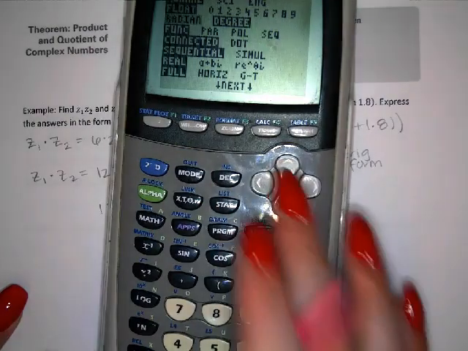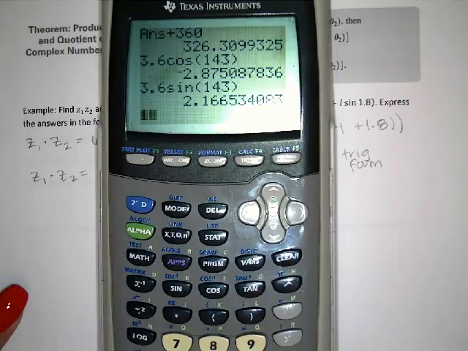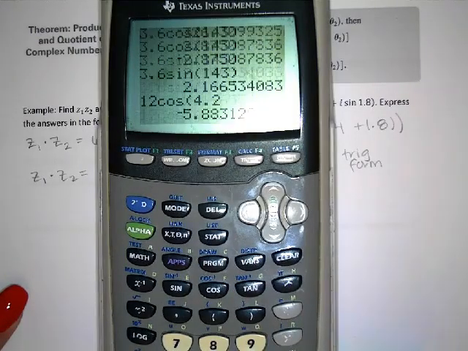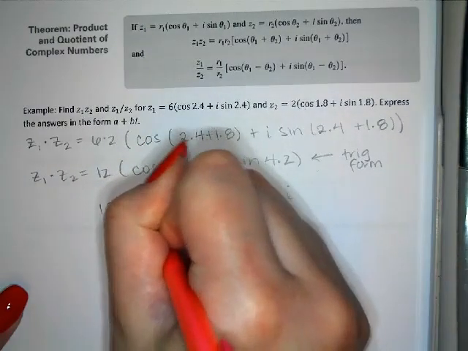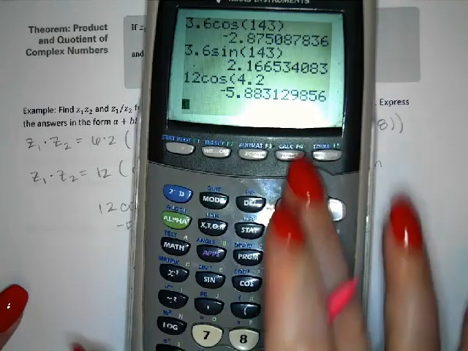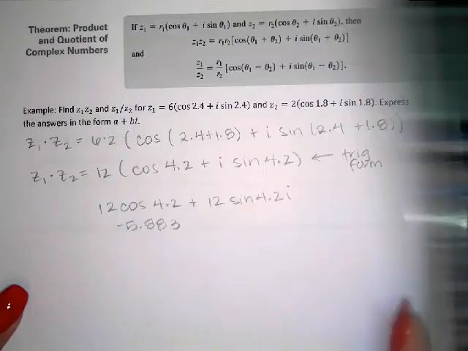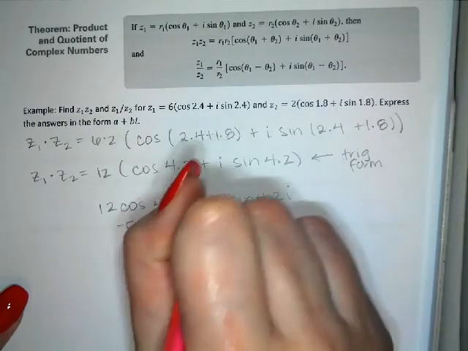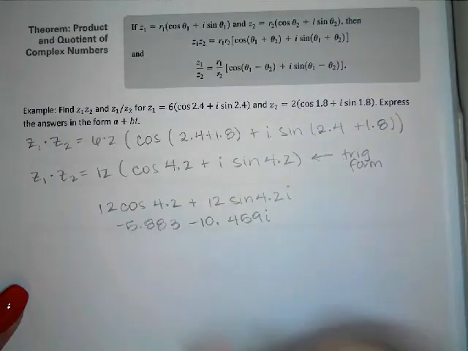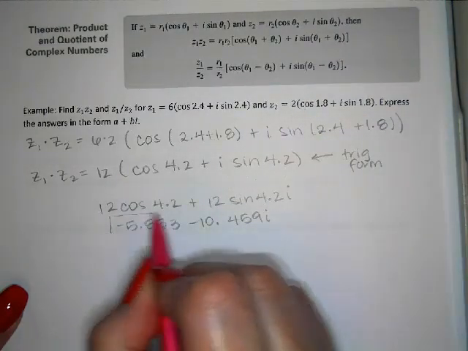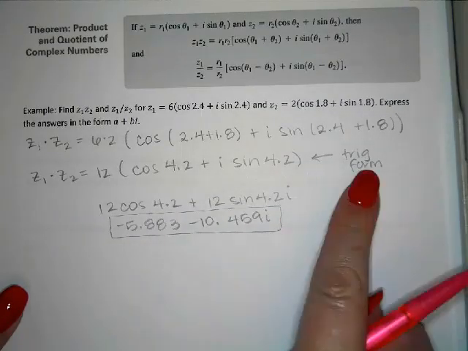So 12 cos 4.2 and then 12 sine 4.2. And so this is the product. So this is the trig form, and this is the standard form.